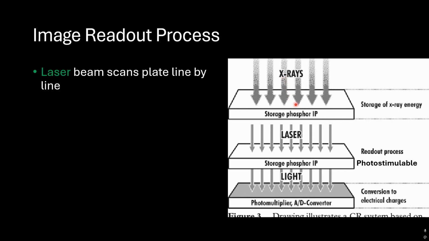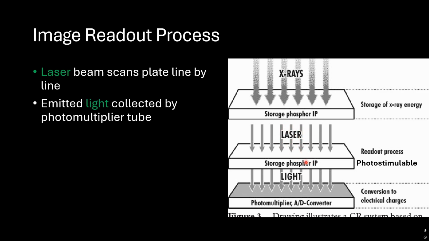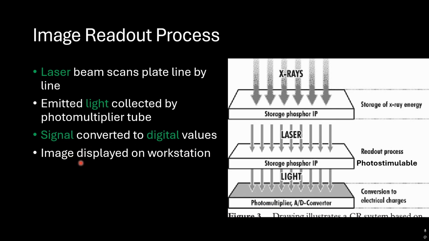So let's see the process. First, we have the imaging plate here. It will be exposed to X-ray, and then we take the imaging plate and expose it to laser. This laser will stimulate the stored energy in the imaging plate and release this energy as emitted light, and it will be collected by something called a photomultiplier, and the signal will be converted to digital values, and after that the image will be displayed on the workstation.